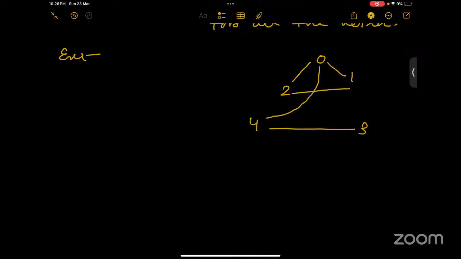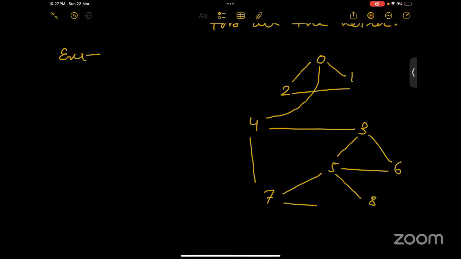So suppose we have the graph. This is a bit more complicated graph than the earlier one, right?